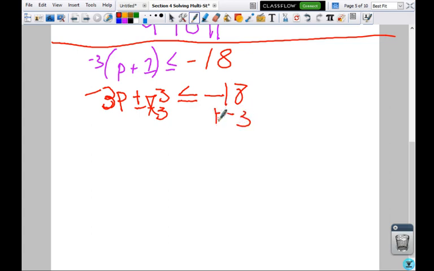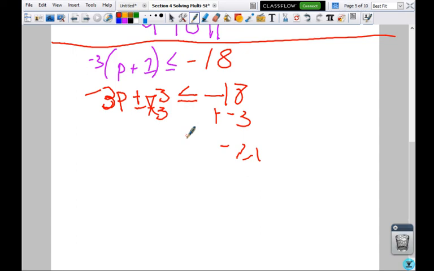Adding. We are really adding 3 to both sides. Keep going. So I got negative 21. That one's wrong.